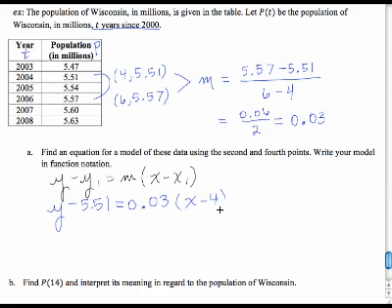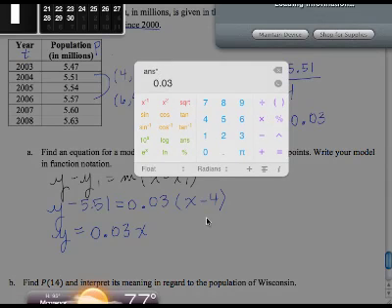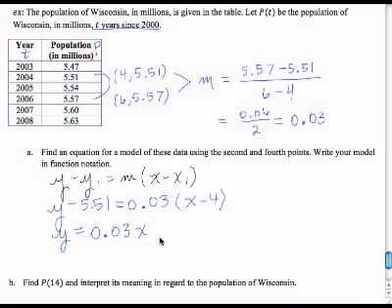I'm going to solve this for y. I'm going to add the 5.51 over to the right and distribute the 0.03. So 0.03x. 4 times 0.03 is 0.12, so negative 0.12 plus 5.51 when we move that over.